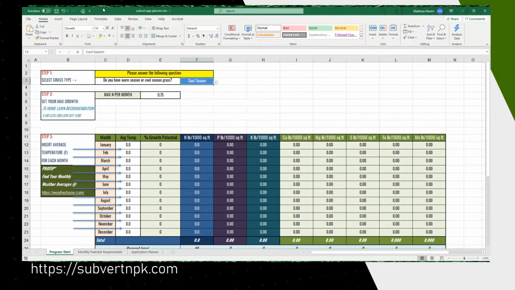As a general rule of thumb, the adage is 1 pound of N. You're seeing more and more people shrink that to about 3/4 of a pound of N. If you have a home lawn scenario that is not at real low heights, that's fine. But if you are cutting real low, then obviously you want to dial that back, because as you increase growth rate, you're also increasing mowing frequency, which can cause problems in and of itself.